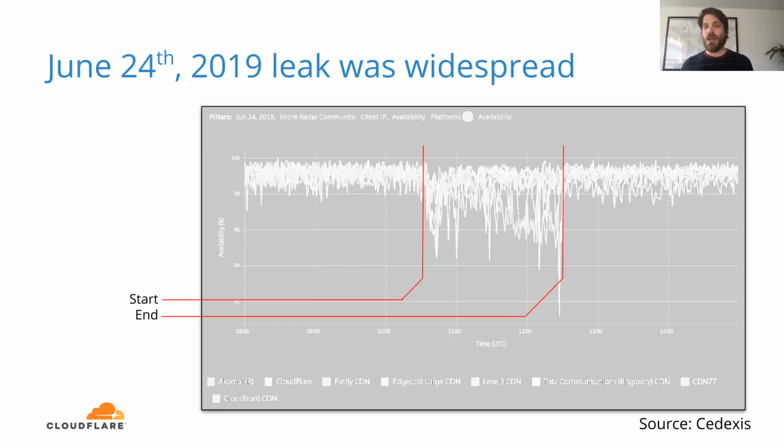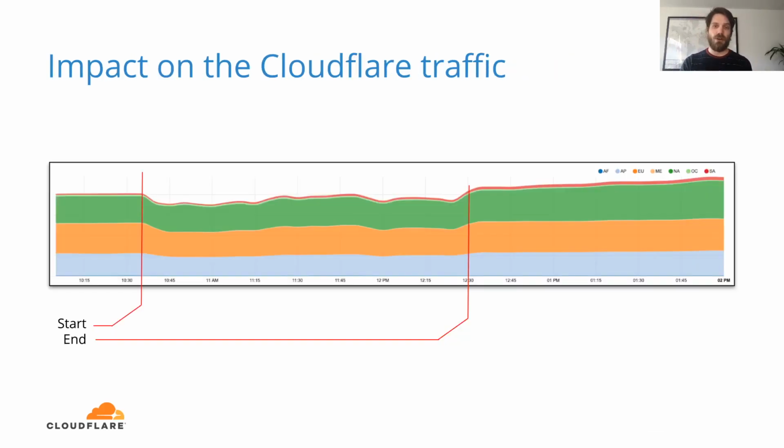Many more edge networks were being impacted by this leak. It's not just Cloudflare. But if you just look at Cloudflare, you'll notice that the impact was roughly around 15% loss. You can translate this to either 15% of our routes being deaggregated and leaked, or 15% of our eyeballs worldwide not being able to reach our prefixes.